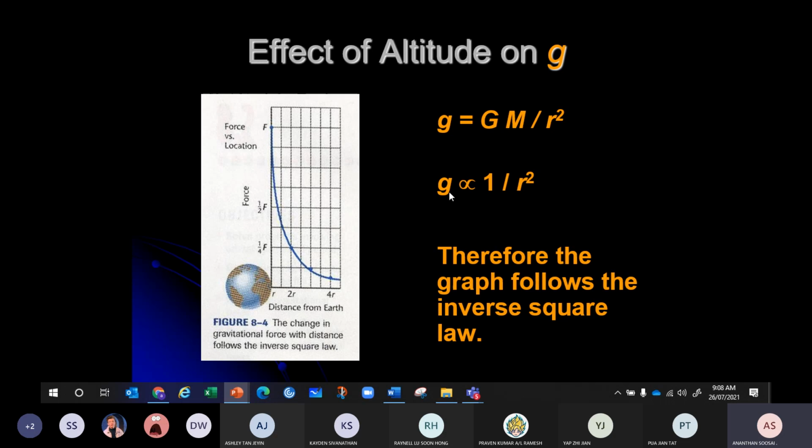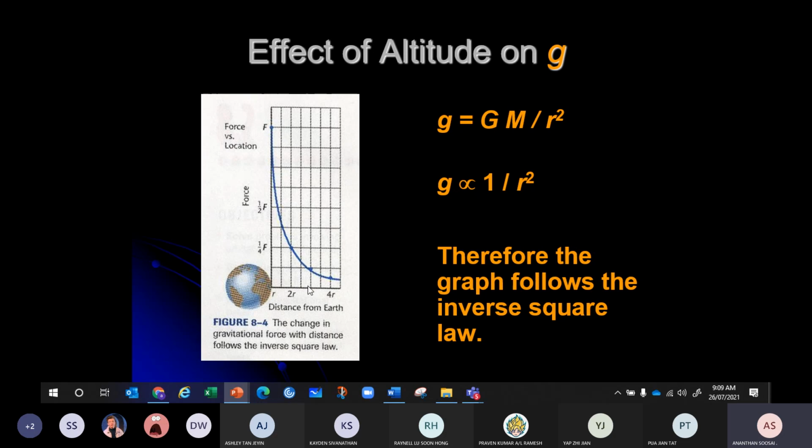Therefore the graph follows the inverse square law. G is inversely proportional to the square of the distance, called inverse square law, because the r is squared. Look at this graph. In the exam, they will check carefully. At the beginning, at r, let's say the force is F. At 2r, it should drop to a quarter F. You can't simply draw a curve.